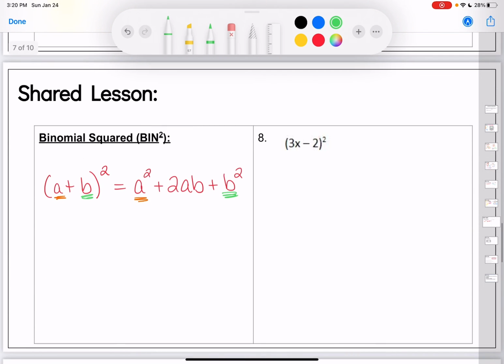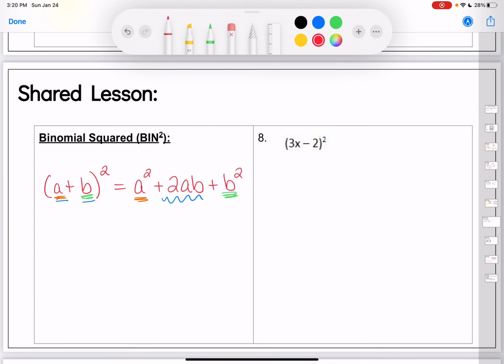The middle term was a times b, so you take these two terms, multiply them together, and then double it. Now this is definitely a trickier shortcut to use, and many people don't use it because they're just not comfortable with it, and that's okay. But I put this problem here to practice just so you could see how to use it.